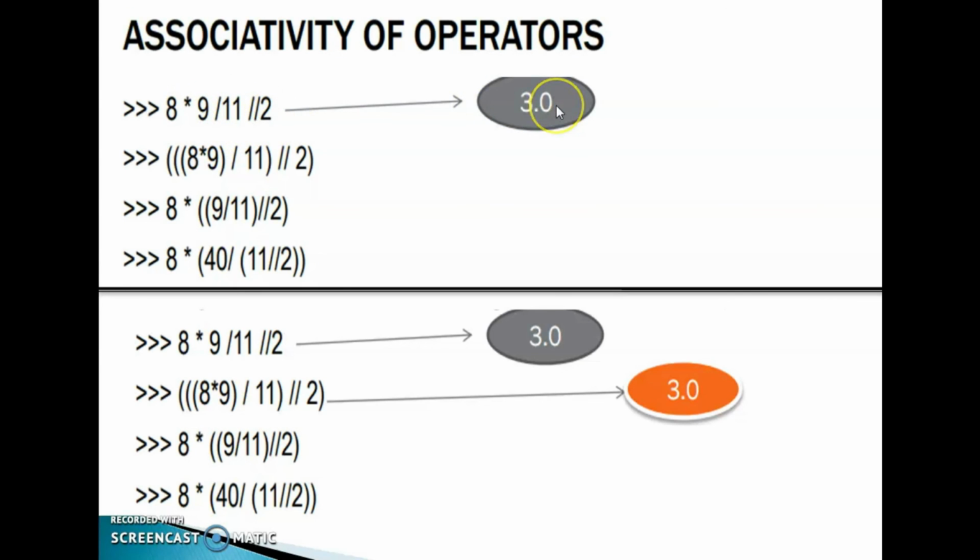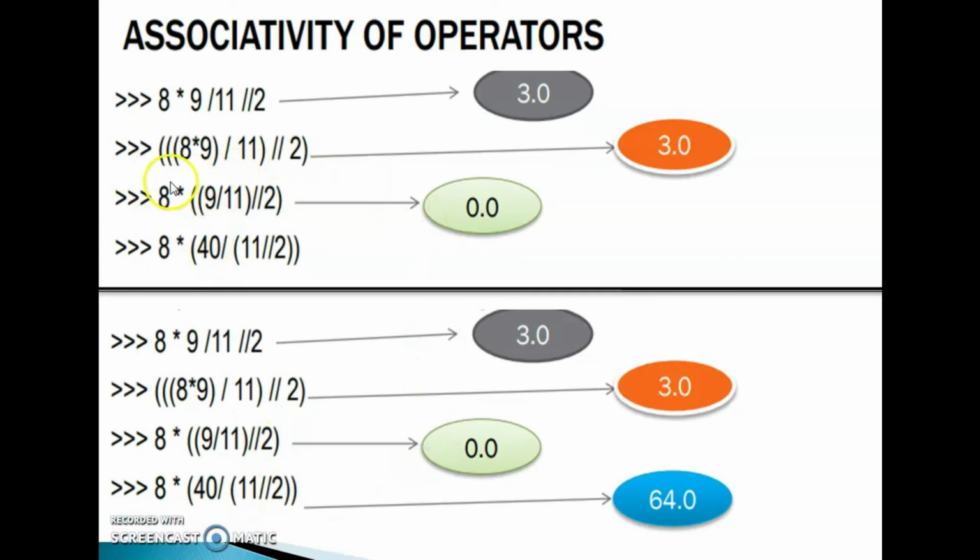The answer is 3. After the execution of this second statement, we will get the answer as 3 itself. Then what about the third and fourth statements? After the execution of the third statement, you will get the answer as 0. After the execution of the fourth statement, you will get the answer as 64. Okay, clear this one?